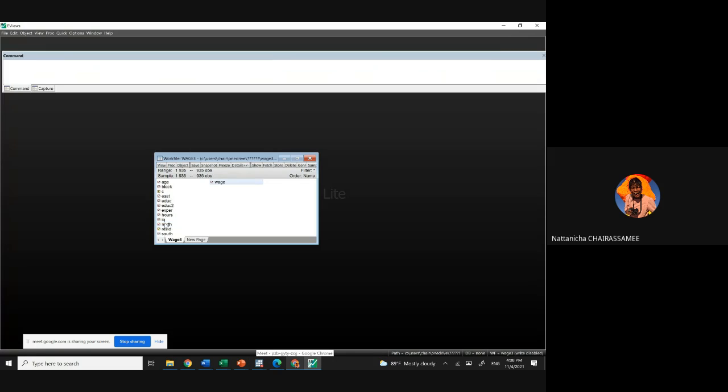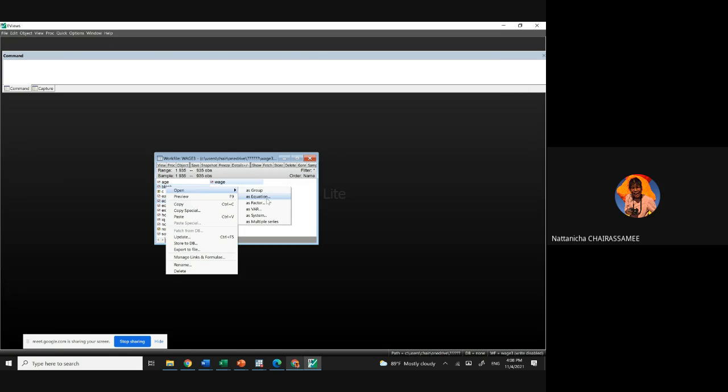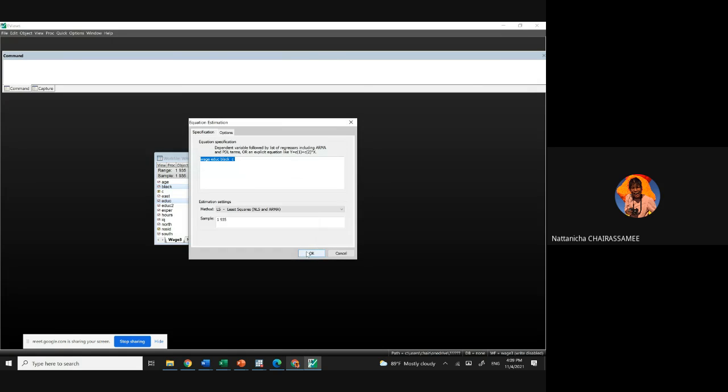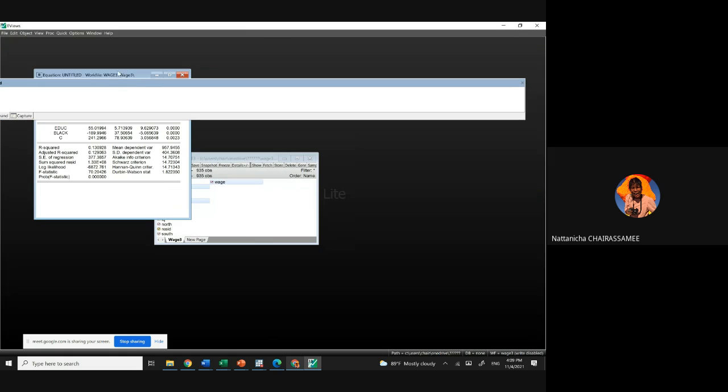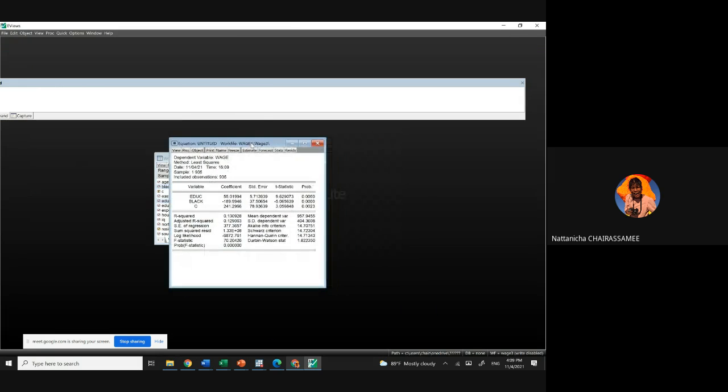Then right click, go to open, and then as equation. Then click OK.